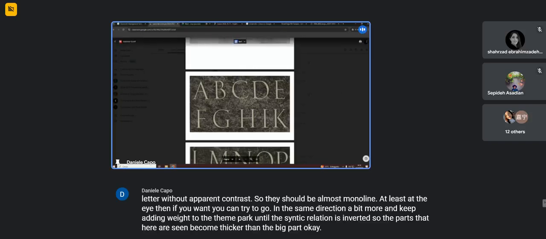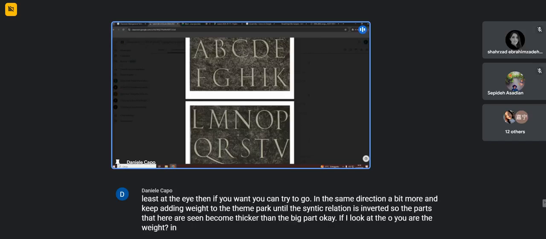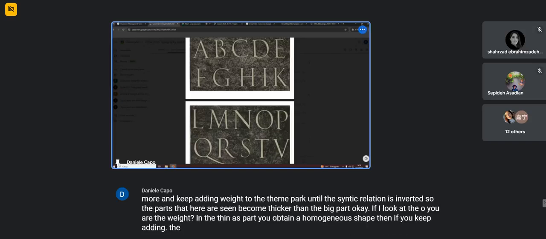Okay, just say if I look at the O, you add weight in the thinnest part, you obtain a homogeneous shape. Then if you keep adding, this top and bottom part starts becoming heavier than the lateral parts.